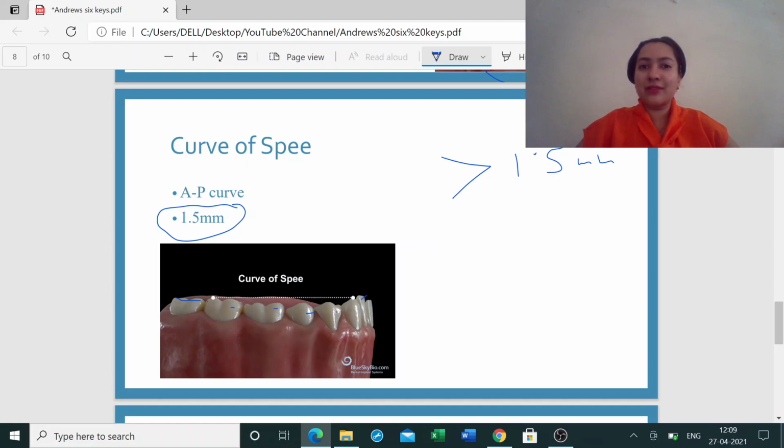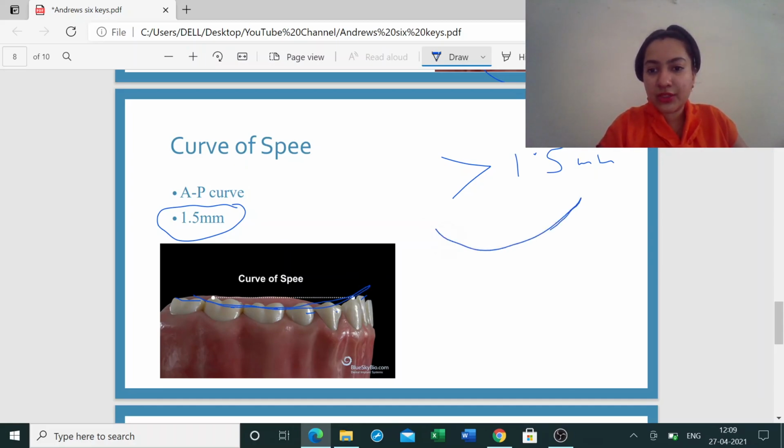You cannot use lousy terms like curve of Spee is more or increased. It is excessive. Excessive curve of Spee means it is going this way.